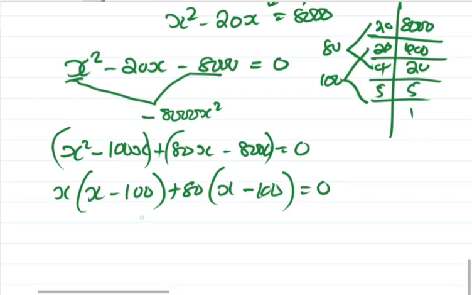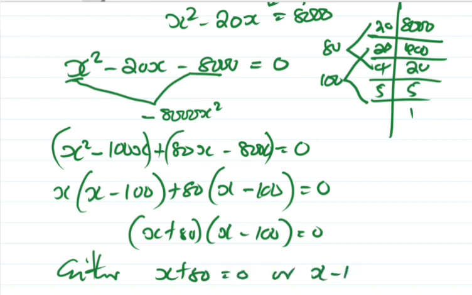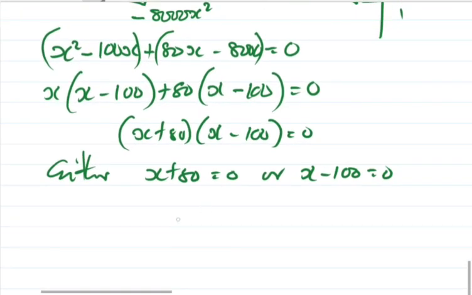So we have x plus 8, then x minus 100 is equal to 0. So either x plus 8 is equal to 0 or x minus 100 is equal to 0. So x is equal to negative 8 or x is equal to 100.